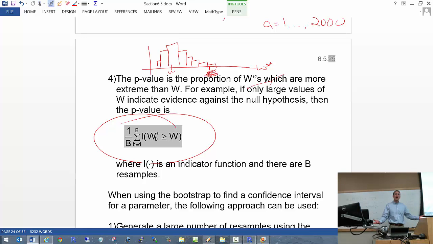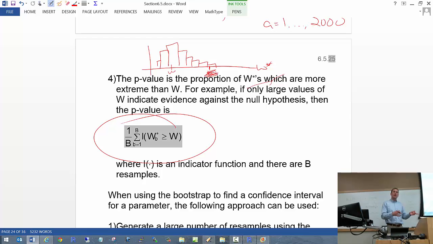For us, it's going to be 2,000. And what this sum does here, it calculates the number of the W stars that are greater than the original W. So that I there represents the indicator function. We saw that back in section 1.1. So anytime that, let's say, W star 1 was greater than or equal to my original W, my indicator function is a 1.